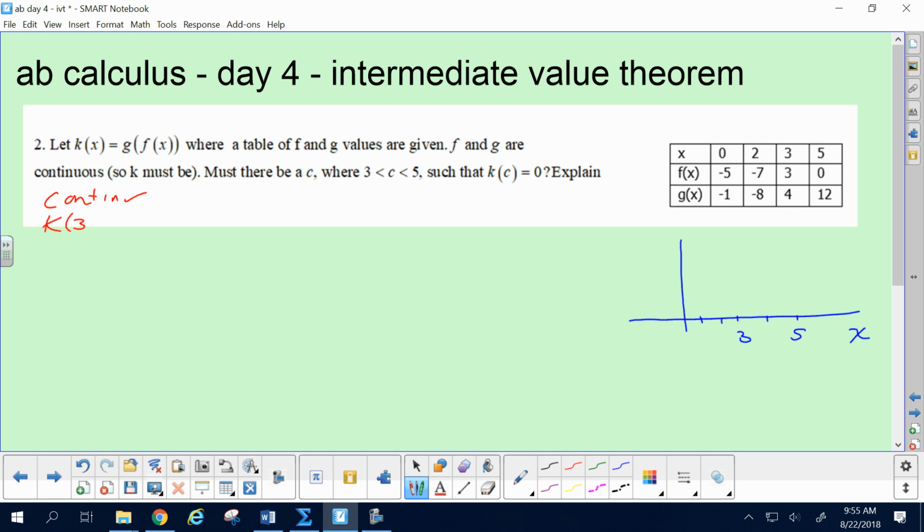K at 3 is G of F at 3. Now you bust out those algebra skills, and that's where the table comes in. What is G of F of 3? Work inside out. G of F of 3, work inside out.